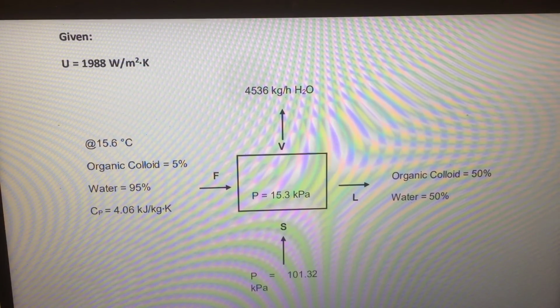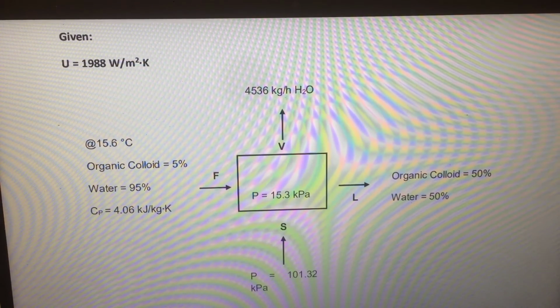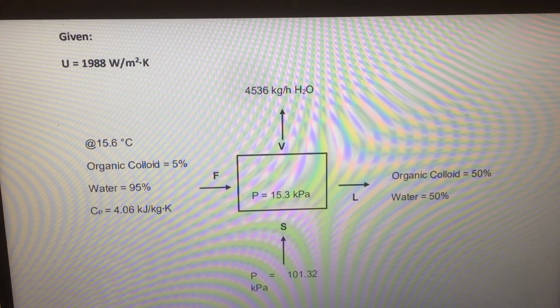And the other givens are illustrated in our FBD. So in our feed at 15.6 degrees Celsius, we have an organic colloid of 5%, water equal to 95%, and a Cp of 4.06 kilojoules per kilogram per Kelvin.